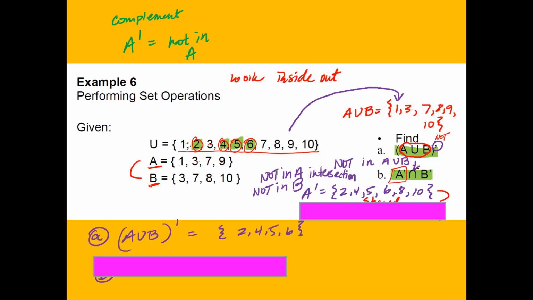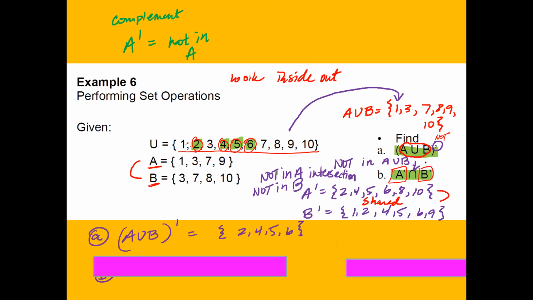Then I'm going to take a look at what is not in B. Not in B will be 1, 2, don't include the 3 because there's a 3 here. 4, 5, 6, don't include the 7 because there's a 7 in B. Don't include 8, 9. And that's exactly what you have right here. Now that you have not in A and not in B, the symbol in between them is an intersection, which means what do they both share?